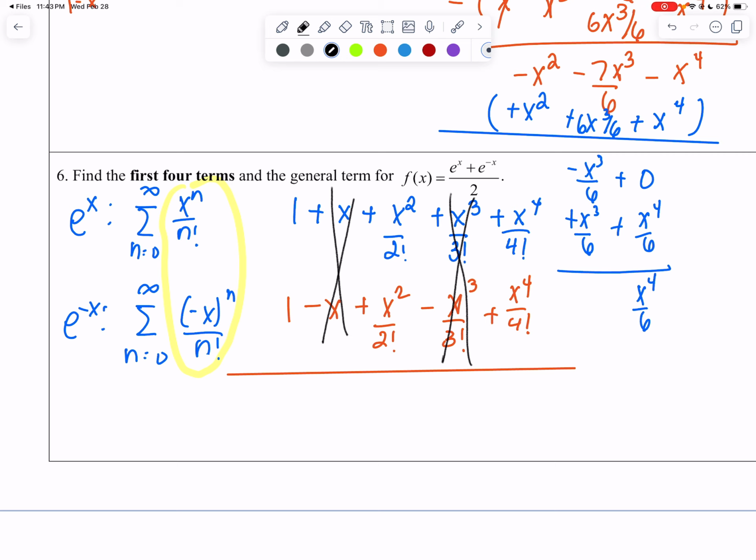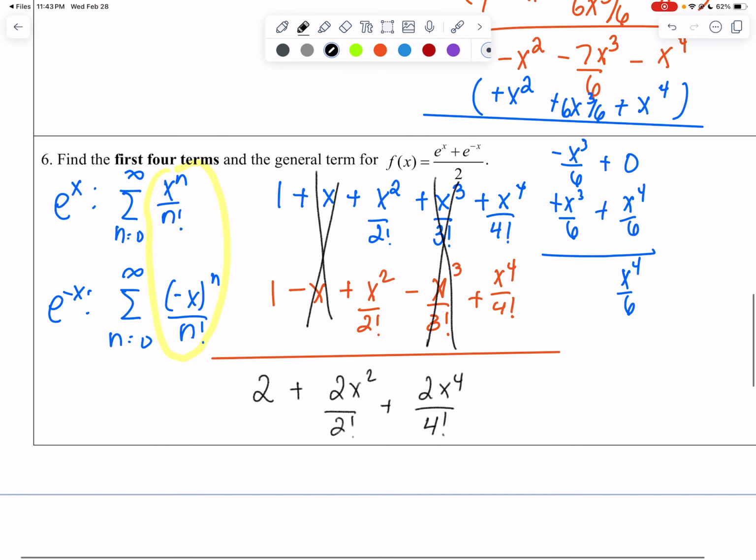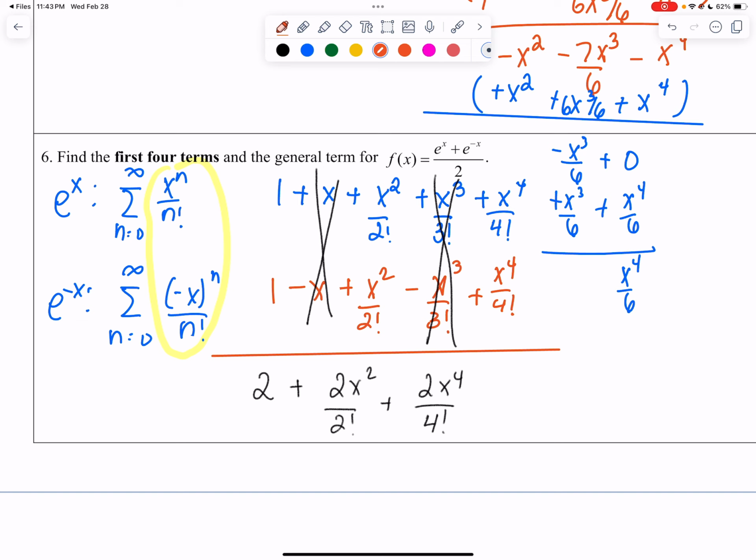Well, I'm not going to have 4 terms now because now I technically have 2, and then I have 2x squared over 2 factorial and then 2x to the fourth over 4 factorial. And this isn't even me doing the divide by 2 yet. That's coming later. So obviously our next term, if I were to make a little educated guess, would be 2x to the 6 over 6 factorial.